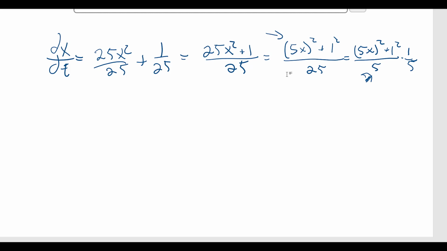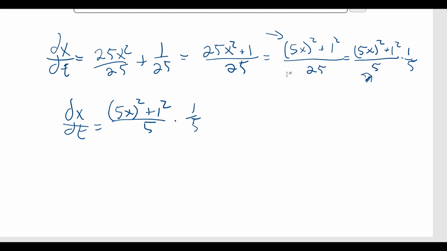You don't have to do that. You could instead just bring over that numerator as a denominator and then do some substitutions and things work out. Let me just go forward with how I want to do it. I have dx over dt equals ((5x) squared plus 1) over 5 times 1/5.